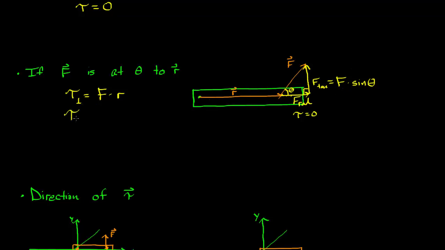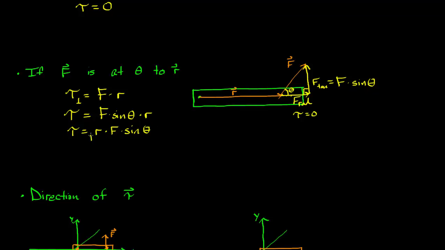So the torque is going to be F sine theta times R. I'm going to rearrange this real quick because we're going to define something new. So R times F times sine theta. And this is going to be our definition of torque.